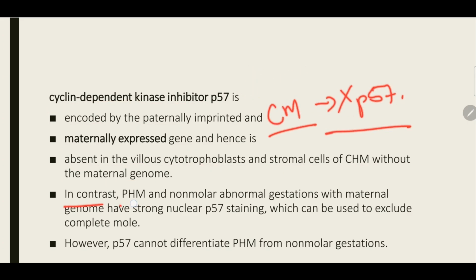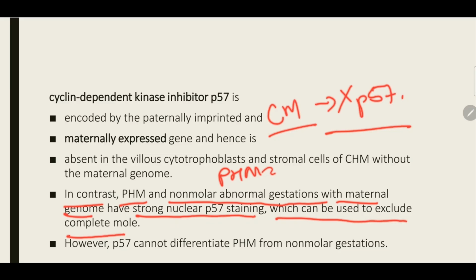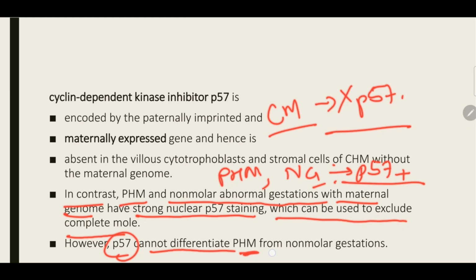In contrast, partial hydatidiform mole and non-molar abnormal gestation with maternal genome have strong nuclear p57 staining, which can be used to exclude complete mole. So partial hydatidiform mole and non-molar abnormal gestation with maternal genome will have p57 positive nuclear staining. However, p57 cannot differentiate partial hydatidiform mole from non-molar gestation.